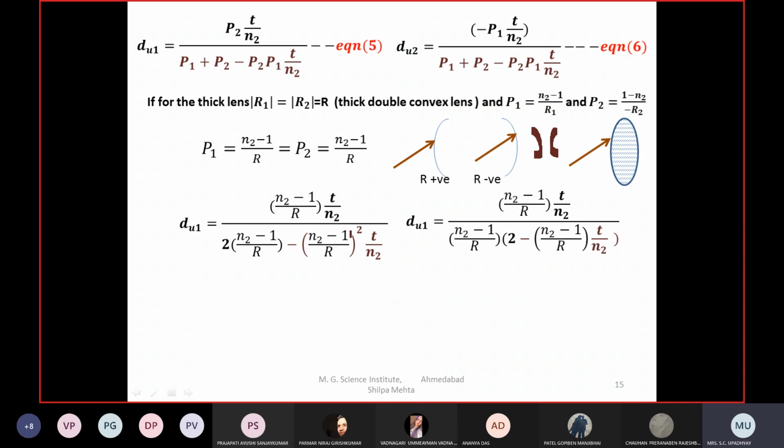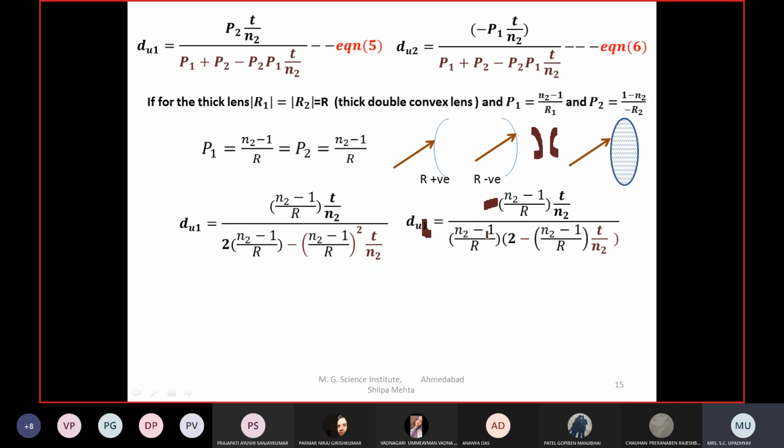And similarly, we get the position of du2. Here we can have du2. So this is du2 and 2 is equal to n2 minus 1. Here this is negative sign. So there is negative sign and n2 minus 1 upon r and then t upon n2.